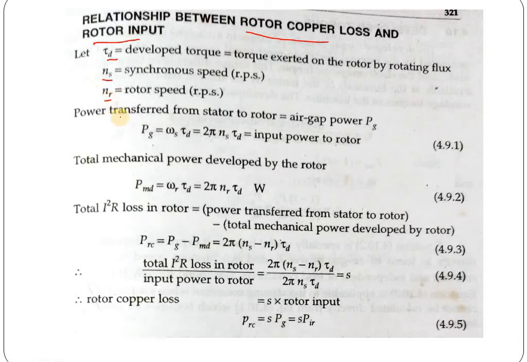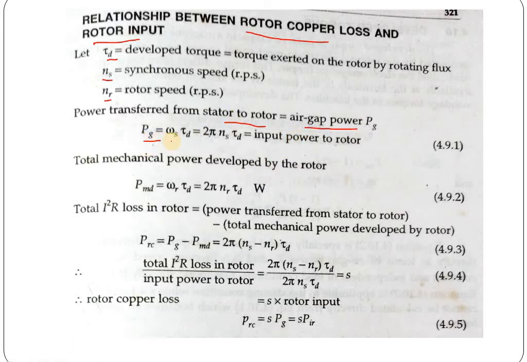After losses in the stator, the power output from stator goes to rotor. So the power transferred from stator to rotor is basically the air gap power, defined as PG.